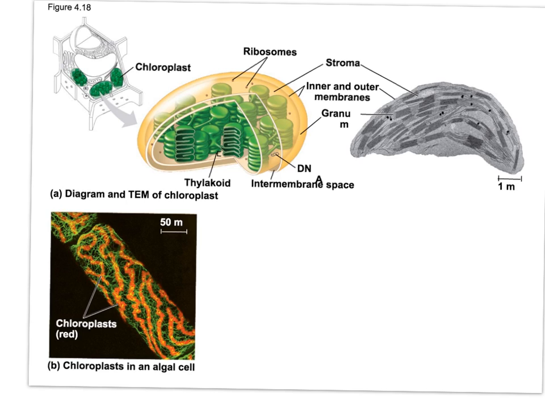They're not really separate. They're all linked to one another, which is important in and of itself. And you see down here chloroplasts in red in the colorized electron micrograph to show you that it's very dispersed throughout the cell.